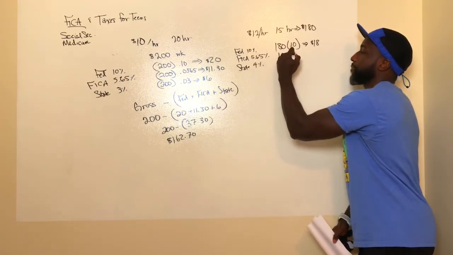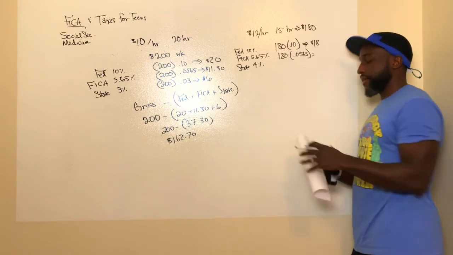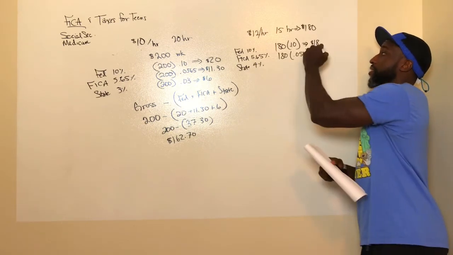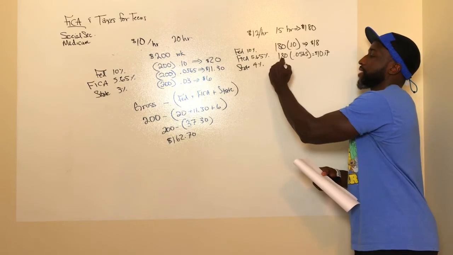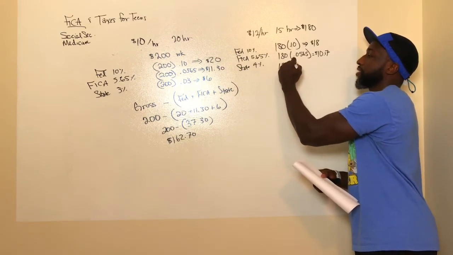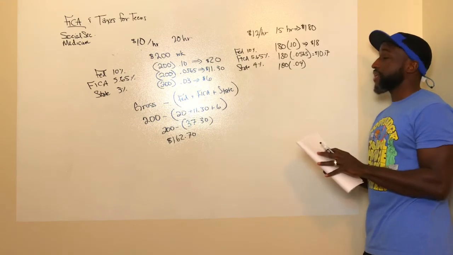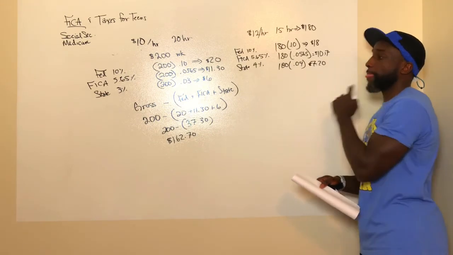180 times 0.0565 is going to give us $10.17. And then the state taxes, 180 times 0.04, right, is $7.20. All right.